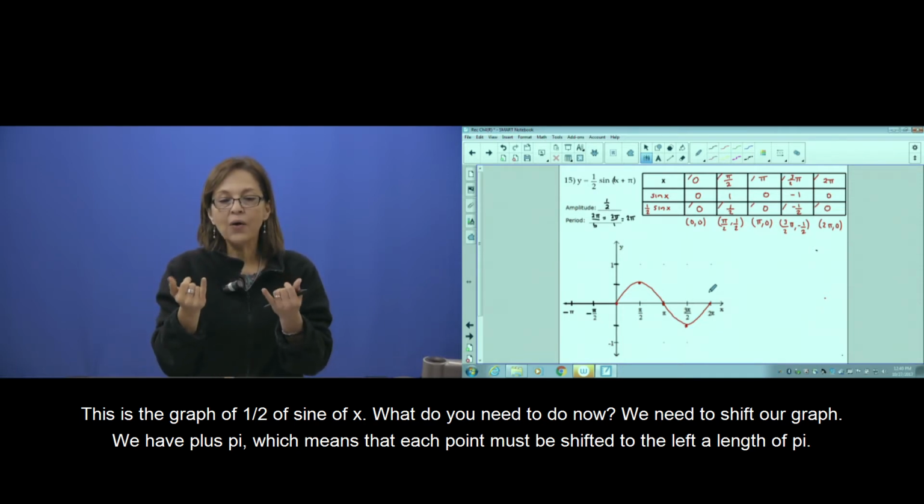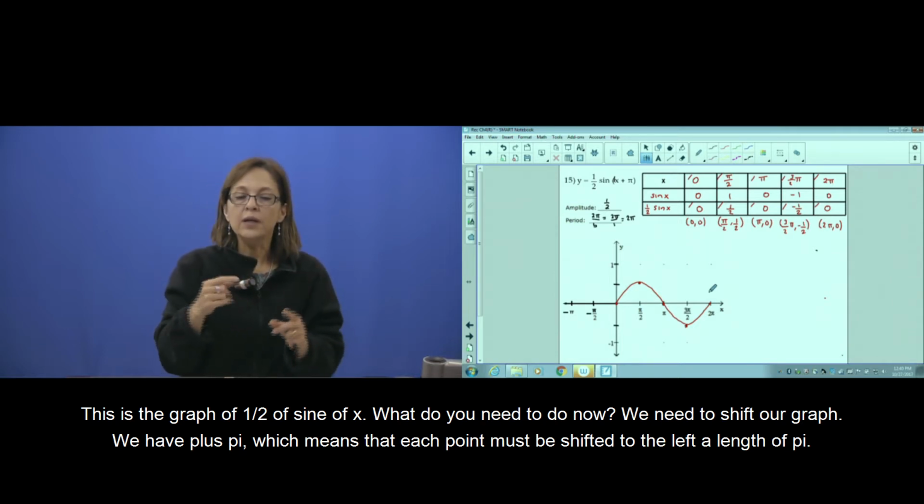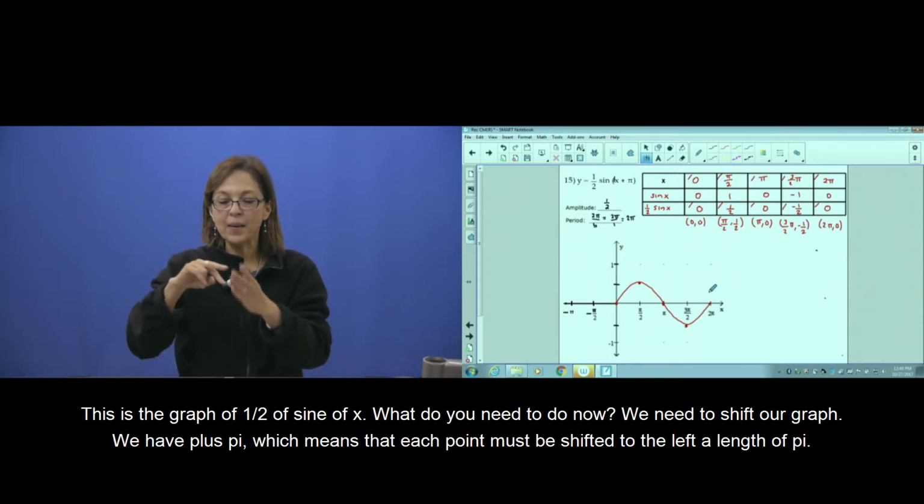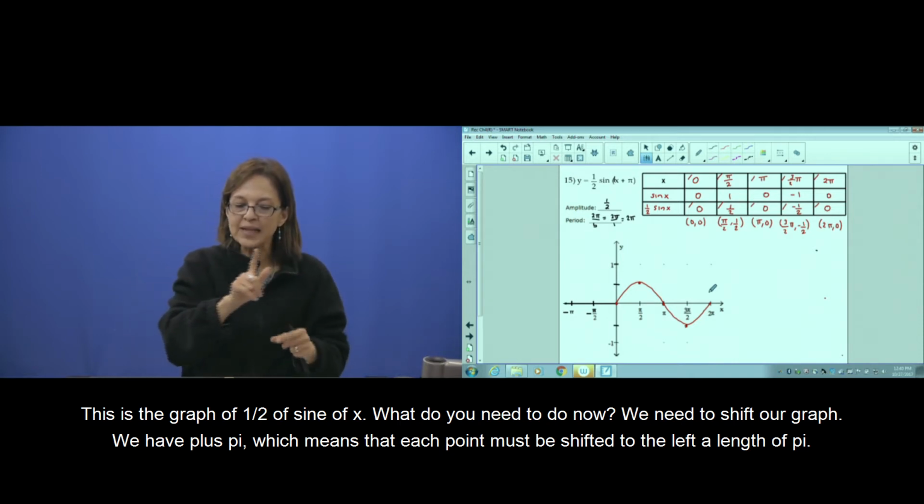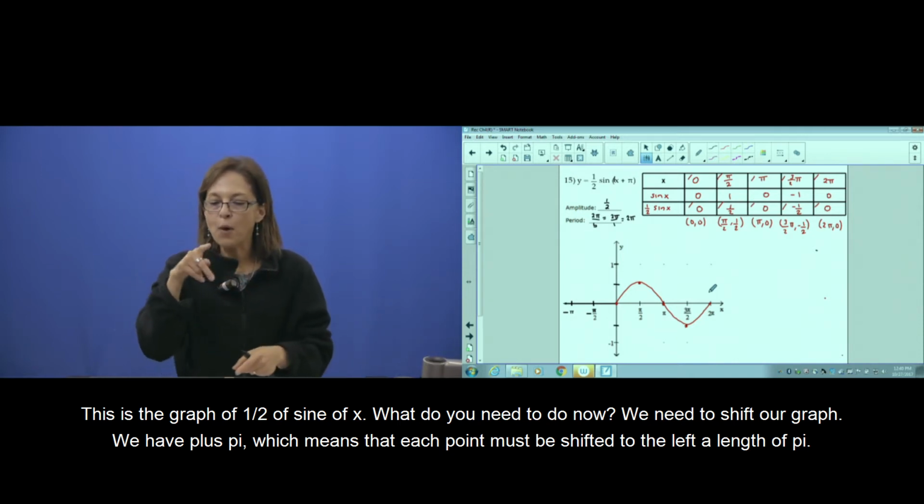What to do now? Shift. We have plus pi, means each point must be shifted to the left a length of pi.